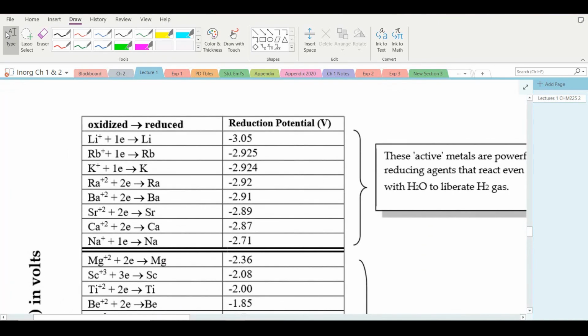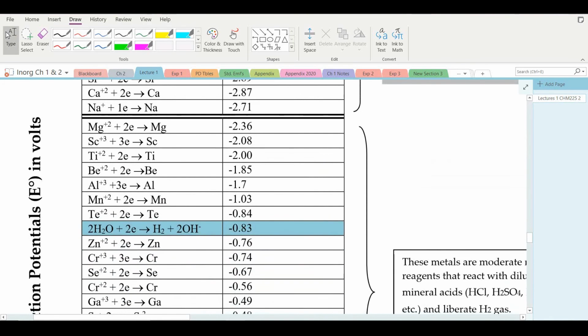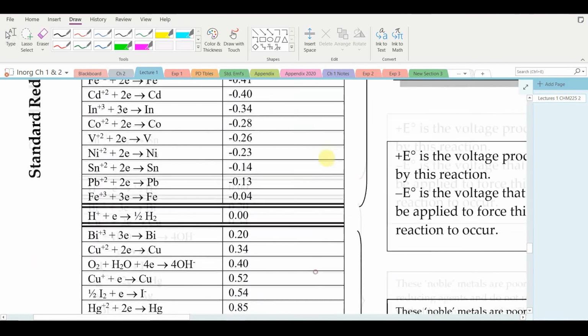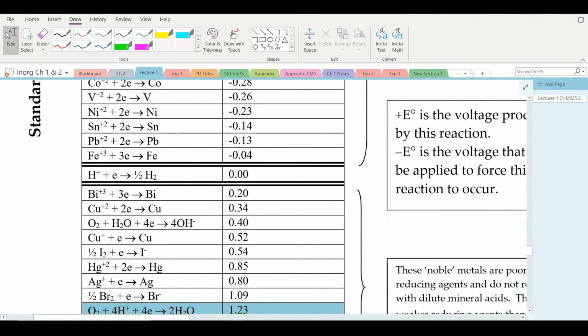If that's a negative value, that means it's unfavorable. You would have to apply, in this case, at least 3.05 volts to force lithium ion to accept an electron. Lithium ion is much more stable than lithium metal. On the other hand, if the potential is positive, as we see down near the bottom, then these are favorable reactions.